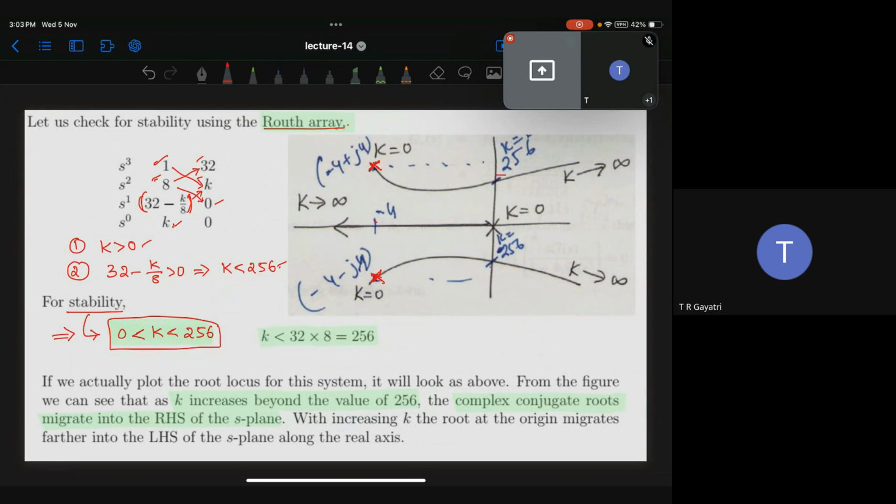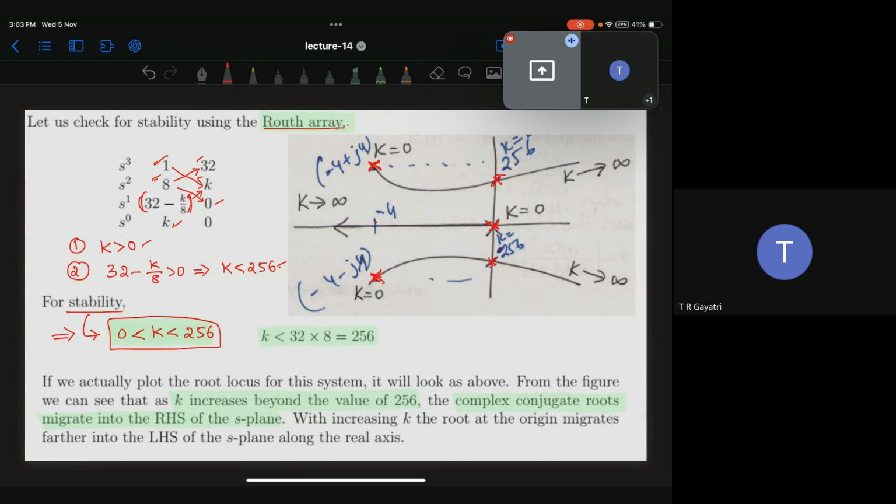Now you see at k is equal to 0, this is the value, and this one also. These are the three values. Am I correct? Yes, sir. Now you could see at k is equal to 256, when you substitute k is equal to 256, you will get poles exactly on the j omega axis.